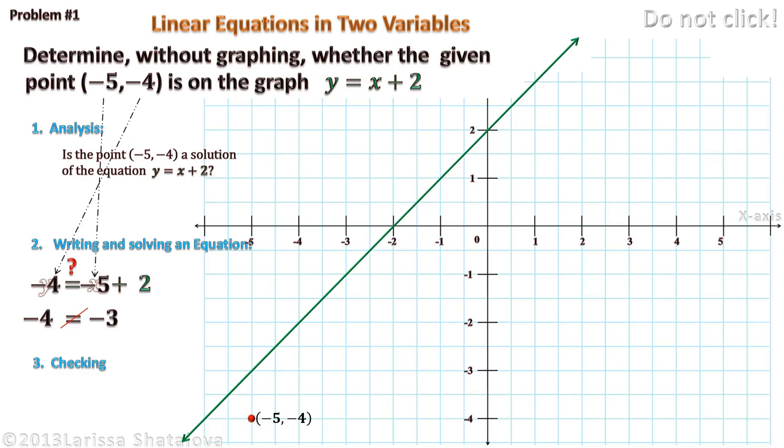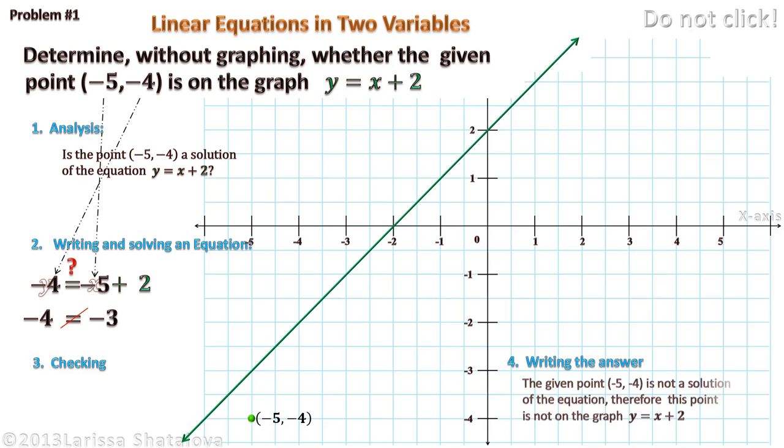As you see, the given point is not on the graph, so our conclusion is correct and we can write the answer. The given point with coordinates -5, -4 is not a solution of the equation, therefore this point is not on the graph.